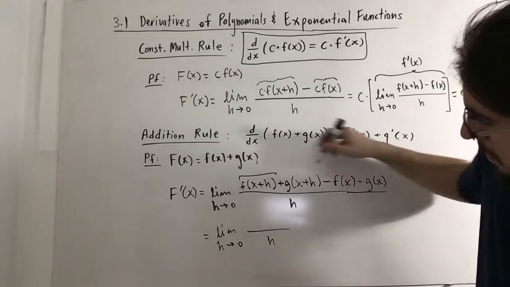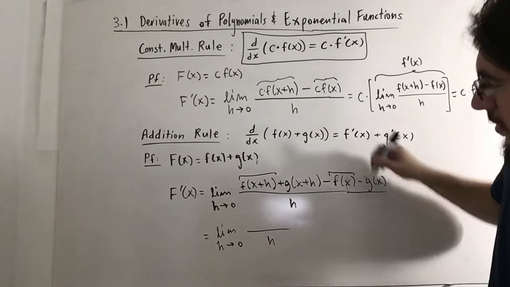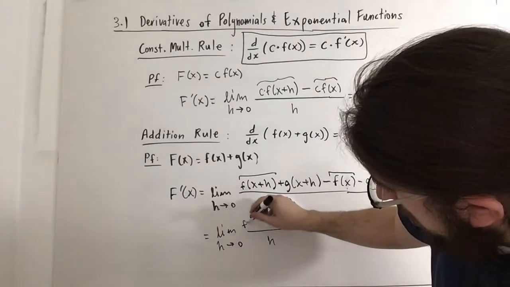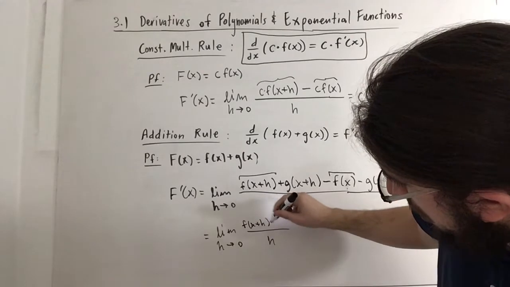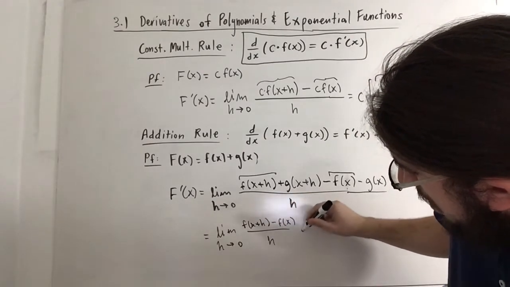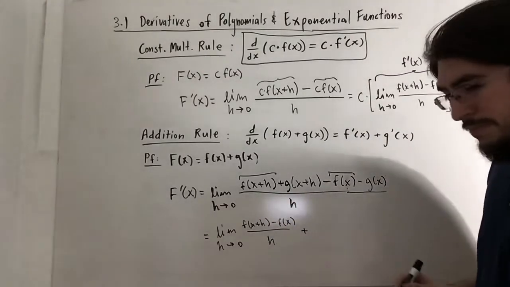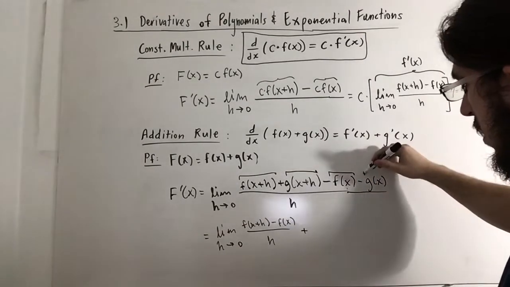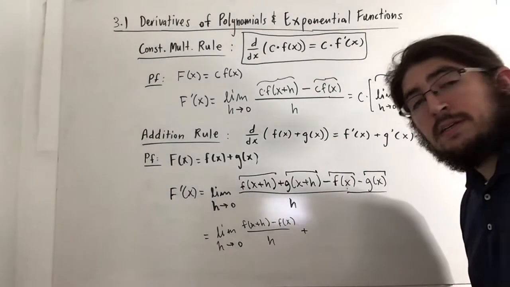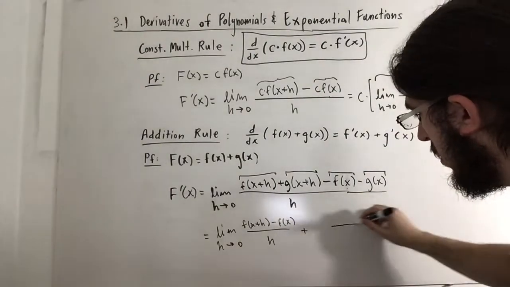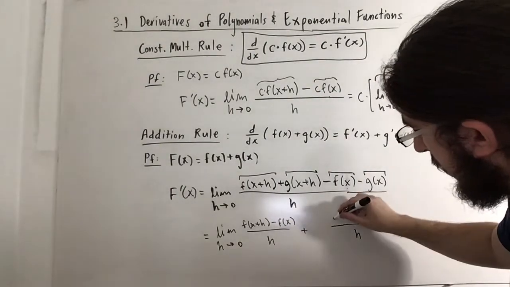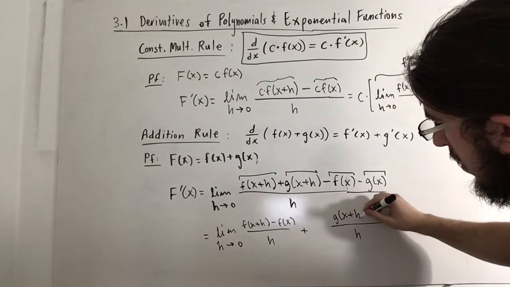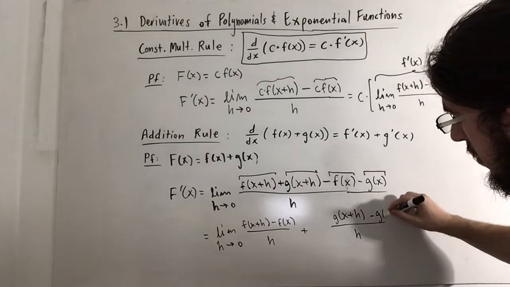I'm going to do the f's in one fraction, so f of x plus h minus f of x, plus the g's in the other fraction, all over h. So that's going to be g of x plus h minus g of x.